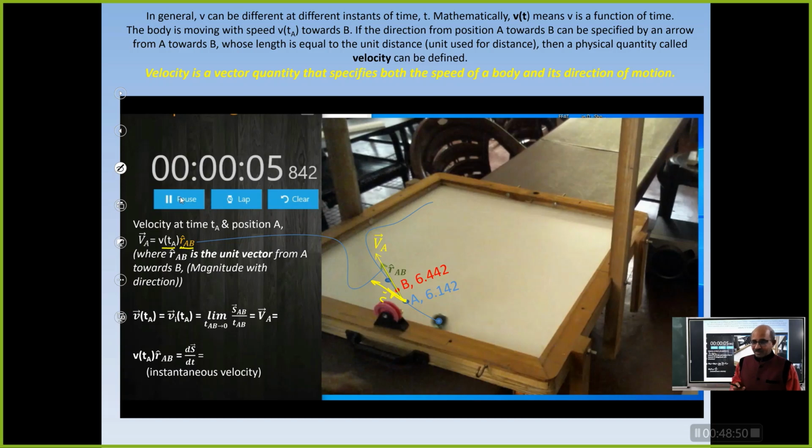Will the position vector define the distance? What is distance? Length of the path traveled? No. Position vector gives you information about how far it is from the reference point and in what direction is it.